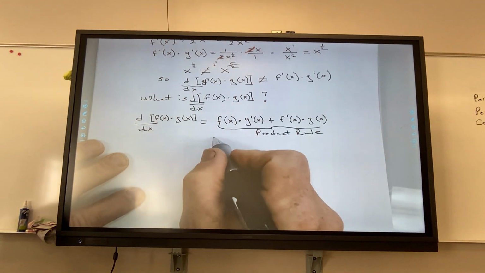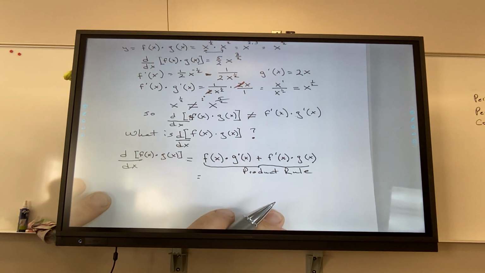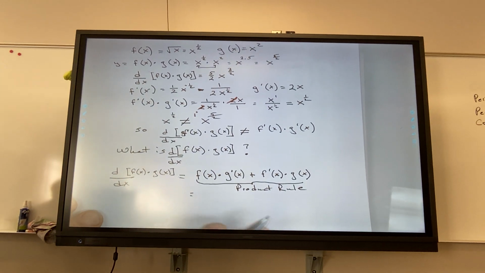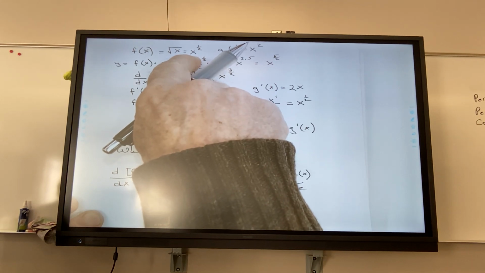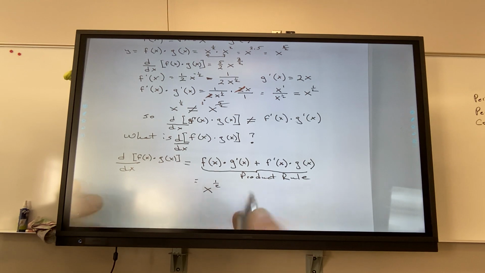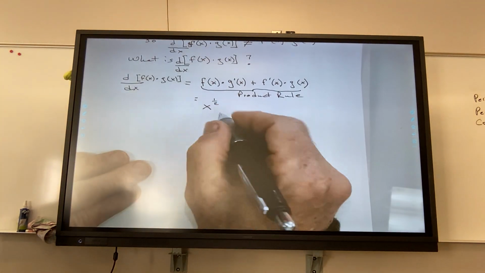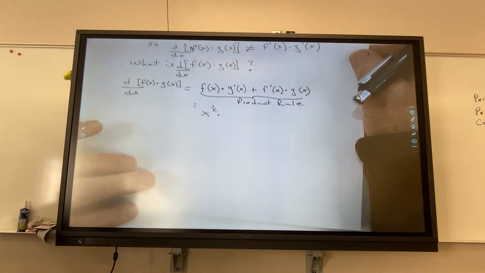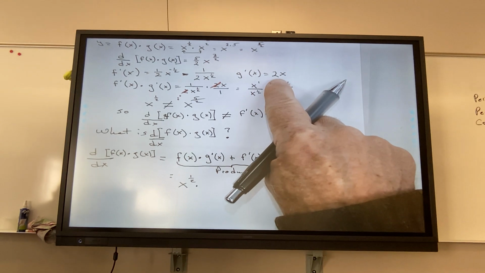So, if I look up here, f was to the 1/2 power, correct? So under here I can write x to the 1/2 power times the derivative of g, which was 2x.